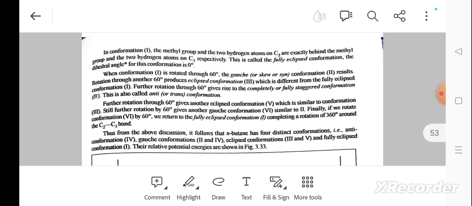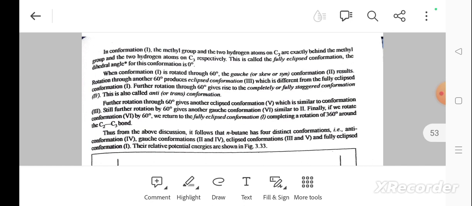When the first configuration is rotated through an angle of 60 degrees, the gauche configuration second results. The rotation through a further 60 degrees gives the partially eclipsed configuration third, which is different from the fully eclipsed configuration. Further rotation through 60 degrees gives the completely or fully staggered configuration, fourth.